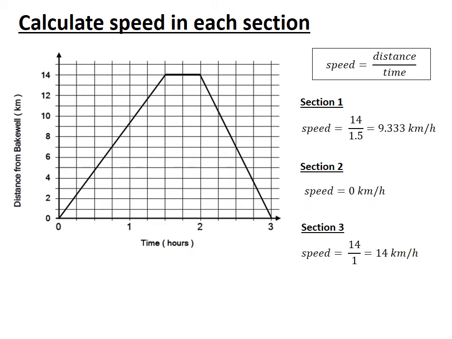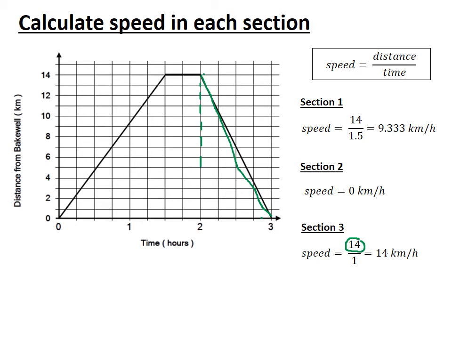Okay, let's move to section 3. Section 3 is down here. I'm going to just go over that quickly in green. Now we know that it starts at 14 up here, and it comes back down to 0. So the distance is 14 kilometers. How long did it take to travel? Well, let's draw a dotted line down here.